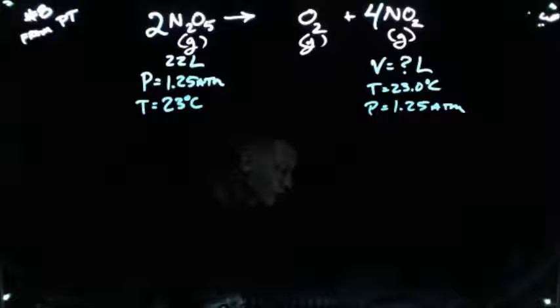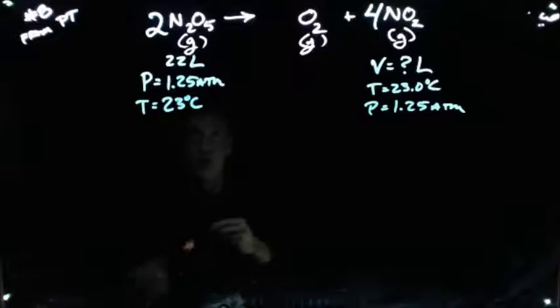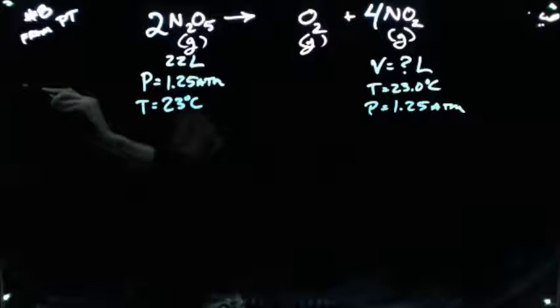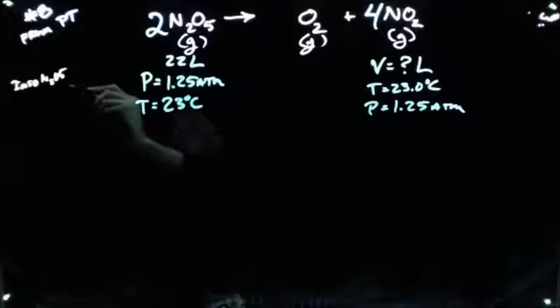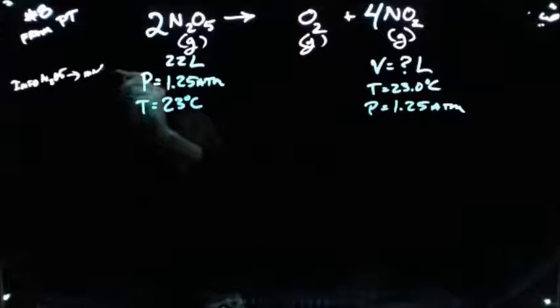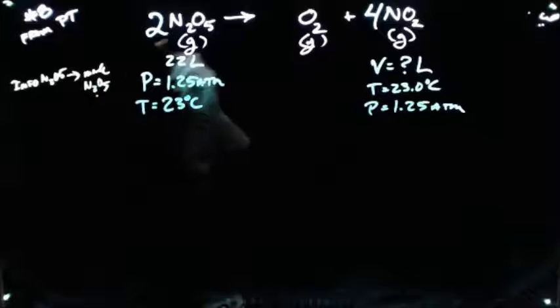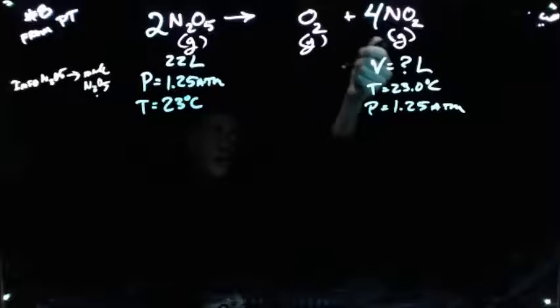Now there are 2 ways that you can work this out. Any stoichiometry problem, always the same process. You are going to go from the info about the N2O5 and convert that to moles of N2O5. And then you know that for every 2 moles of N2O5, you are going to produce 4 moles of NO2.